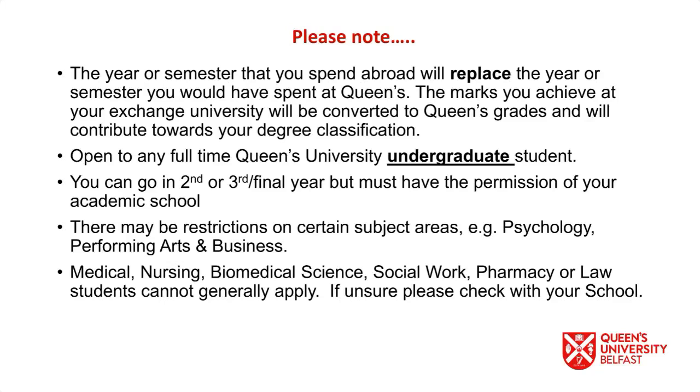With restrictions like that, you may have to study certain modules at Queen's, or you may not be able to go out in a certain semester or a certain academic year. Also, medicine, nursing, biomedical science, social work, pharmacy, or law students cannot generally apply, but we would advise that you check with your school just before you start going through the application process.